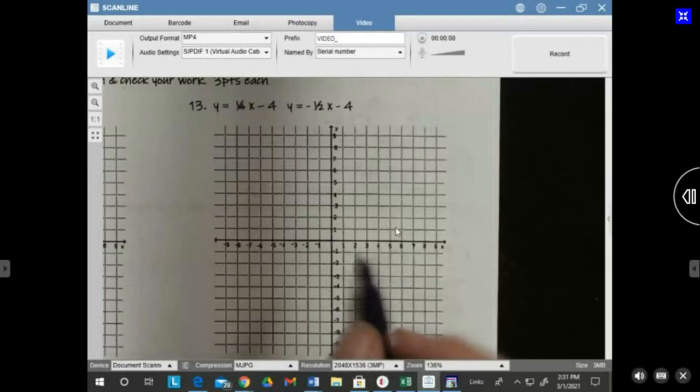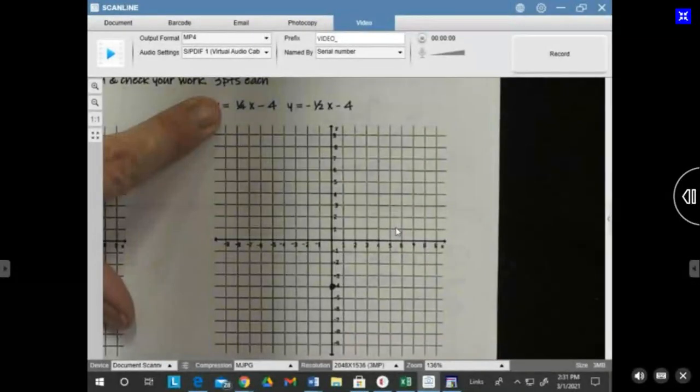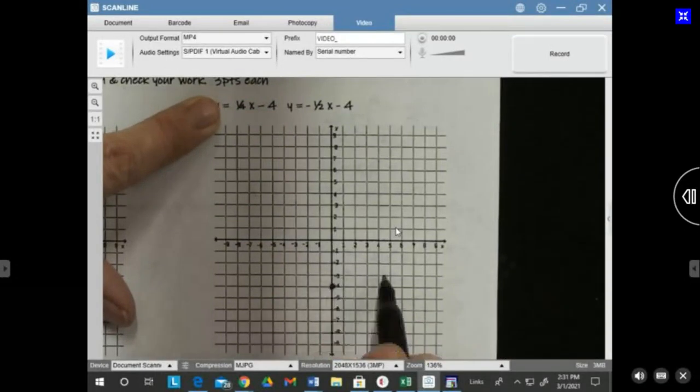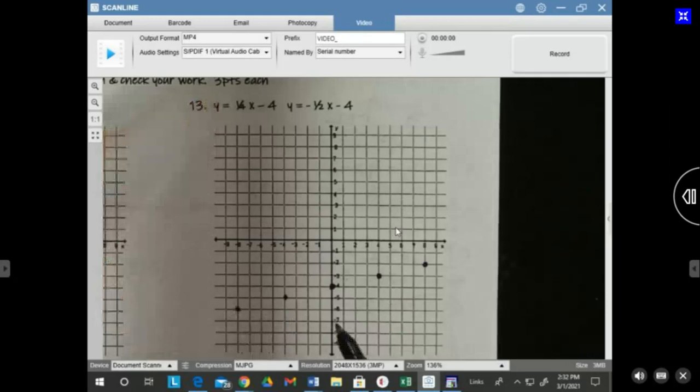Negative 4. What's my slope? 1/4. So up 1, right 4. Down 1, left 4. I'll get my line on there.